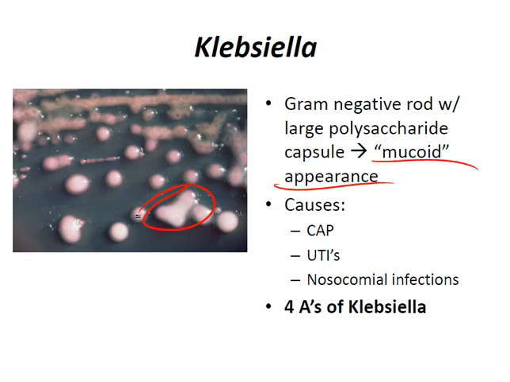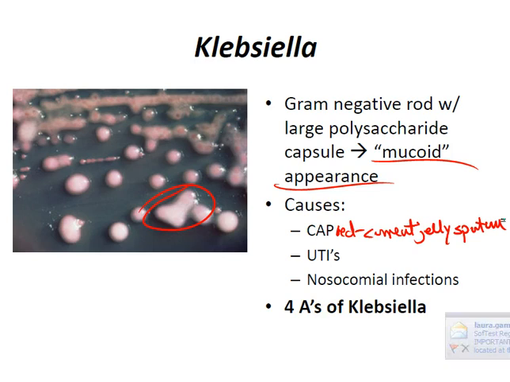It causes pneumonia, which is red currant jelly sputum in alcoholics and immunocompromised patients, including diabetics. There tends to form pulmonary abscesses and empyema. With the pulmonary abscesses, Klebsiella can cavitate in the upper lobes, mimicking TB.